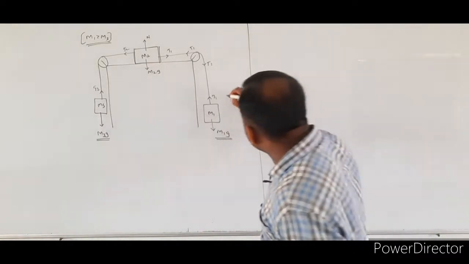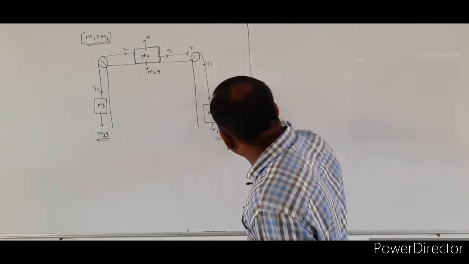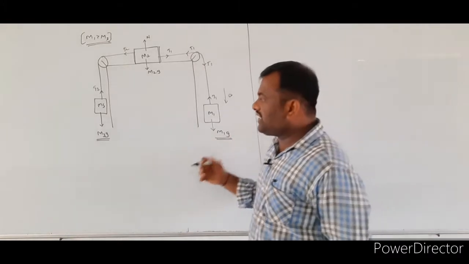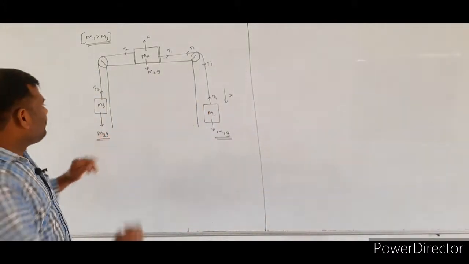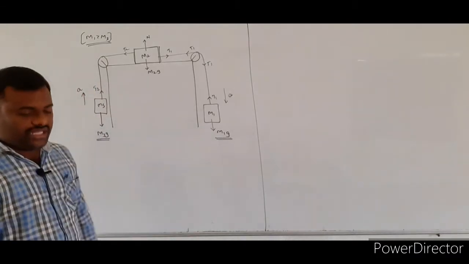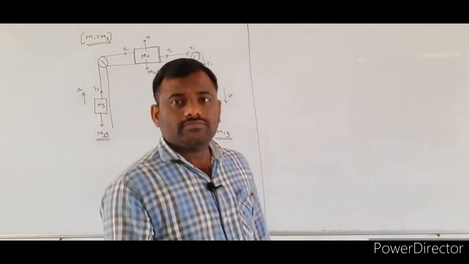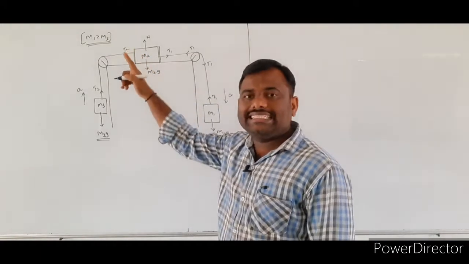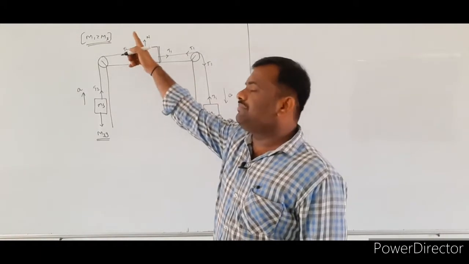So the m1 block will be moving in the downward direction, and the m3 block will be moving in the upward direction.